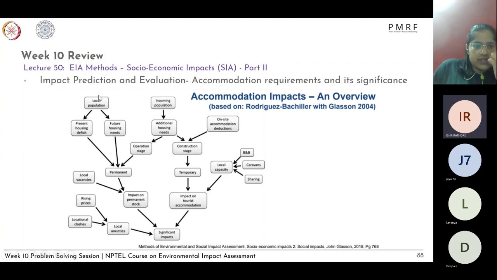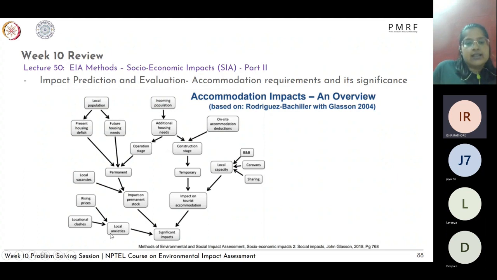So we already have the local population, which can either have a housing deficit or future housing needs, and these can be permanent. Then we also have the incoming population, which will require housing, whether at the operation stage or at the construction stage, whether temporary or permanent, and how the local capacity can be met using temporary and sharing facilities, and how it's going to impact tourist accommodation and other things.